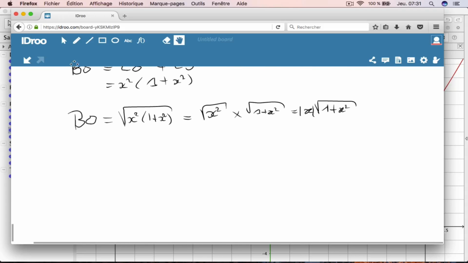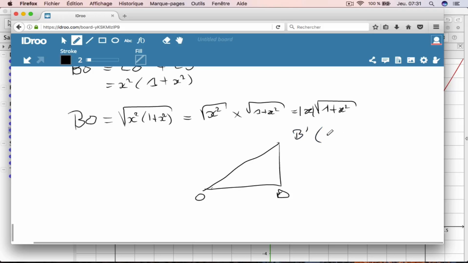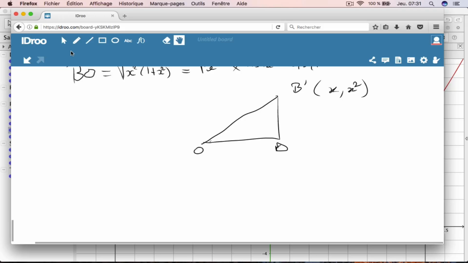So now let's look at the other right angle triangle. It's D here, O, and B prime. B prime has x squared, so it will be easier. That's the same, we use Pythagoras.